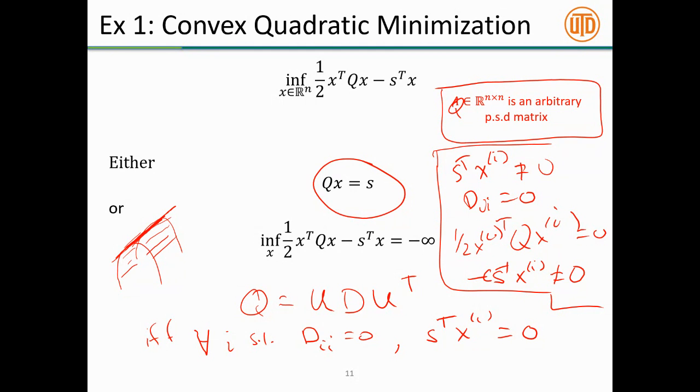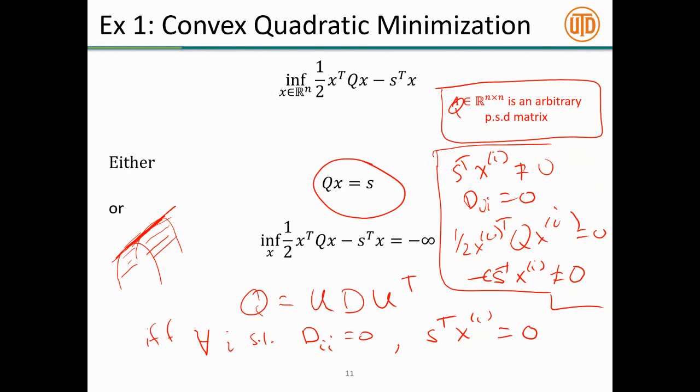So that's what the picture looks like in this particular case. If there's no x such that Qx equals S, this little U shape is just tilted in space, and it's possible to make the function run off to plus or minus infinity. This is what the picture would look like in 3 dimensions. Of course, it's very hard to visualize in 4 dimensions because there are multiple different ways that the function can run off to infinity, negative infinity.